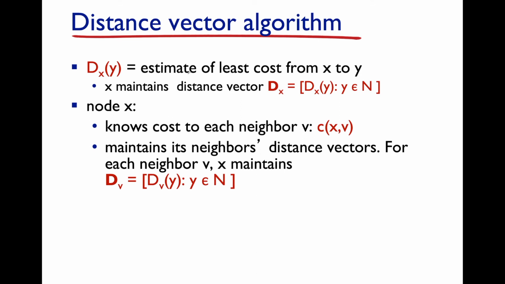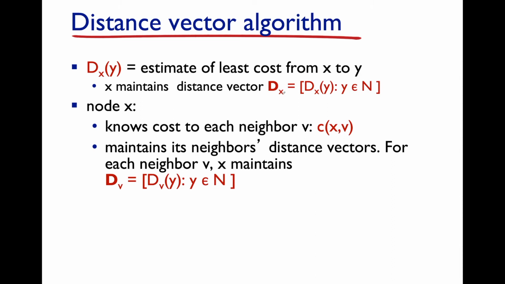Now, X is going to maintain a distance vector, and this distance vector is going to be an estimate. It's an estimate because it gets refined, but this estimate is going to include in X this least cost estimate to get from X to every Y, where Y is every single node in the network.